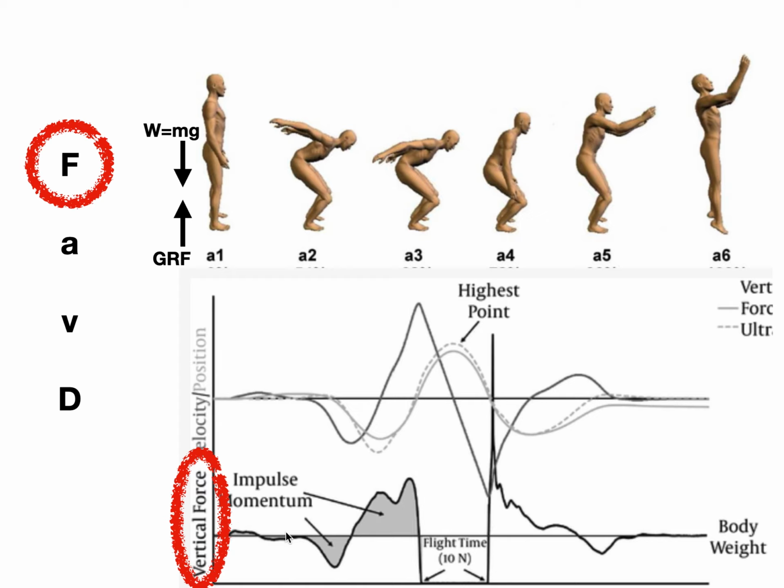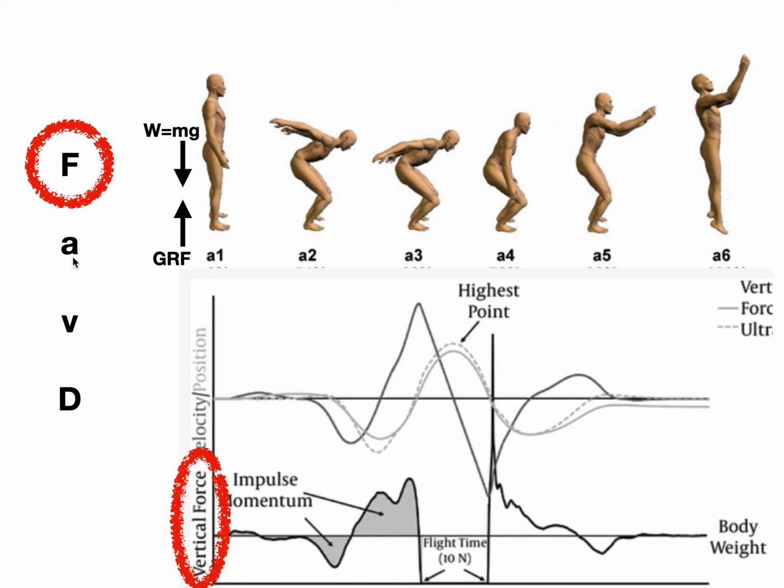So initially the net force is 0, means ground reaction force is the same as your weight. But then when it goes down, that means the ground reaction force is less than your weight. So the gravity is pulling your center of mass down at this phase. And then your leg is generating force from the ground.